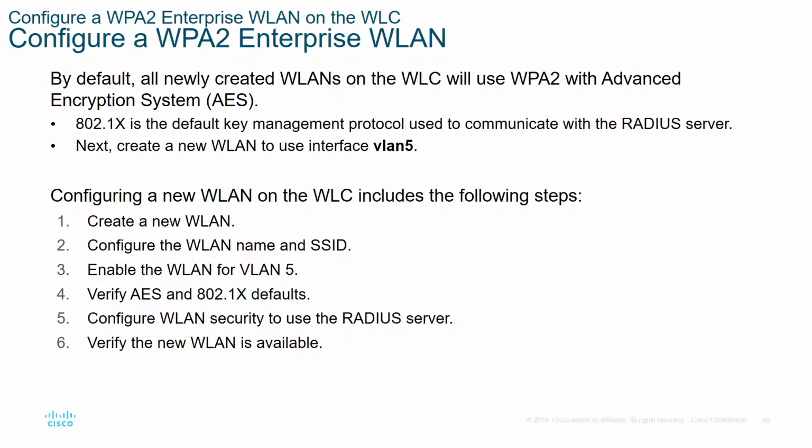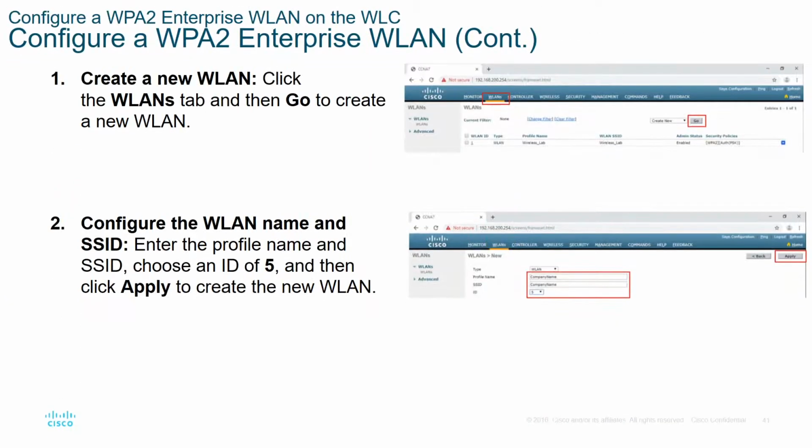Configuring a new WLAN on a wireless LAN controller includes the following steps: creating a new WLAN, configuring the WLAN name and SSID, enabling the WLAN for VLAN 5, verifying AES and 802.1x defaults, configuring the WLAN security to use the RADIUS server, and verifying the new WLAN is available.